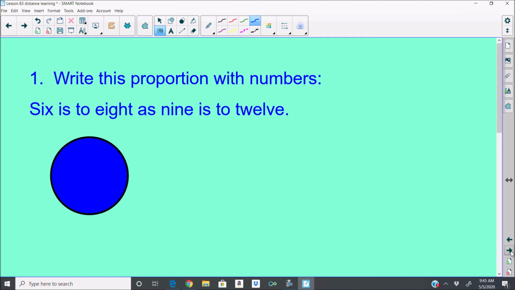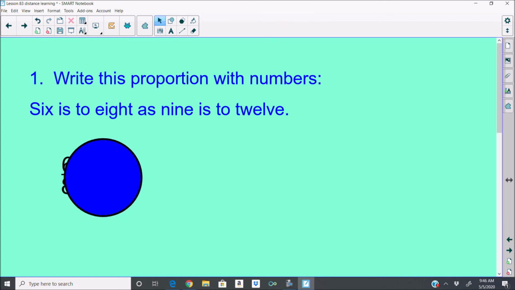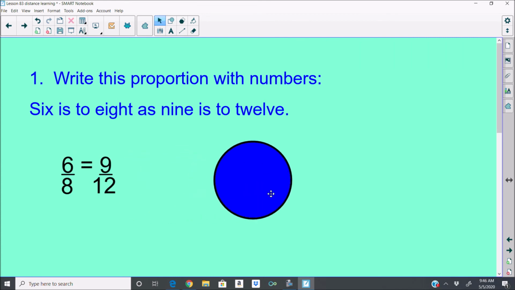Write this proportion with numbers. 6 is to 8 as 9 is to 12. And the answer would look like that. 6 is to 8 as 9 is to 12.